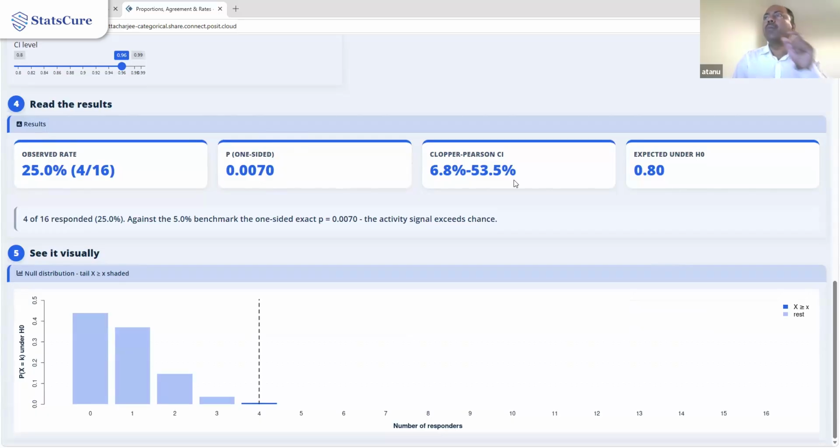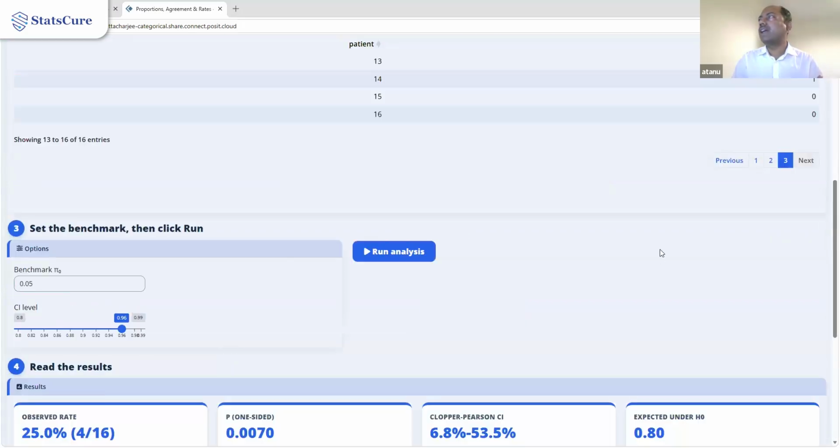So it varies around 25%, with a minimum of 6.8 and a maximum of up to 53.5%, and the expected value under the null hypothesis is 0.8. We can also see the distribution of responders and non-responders here.